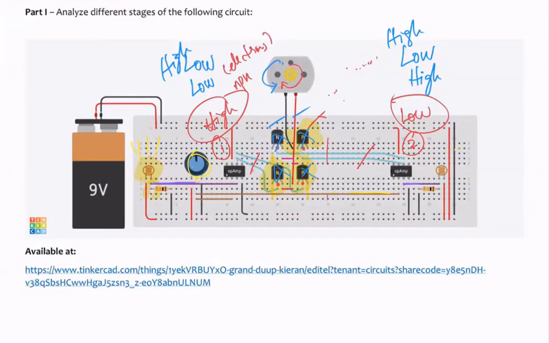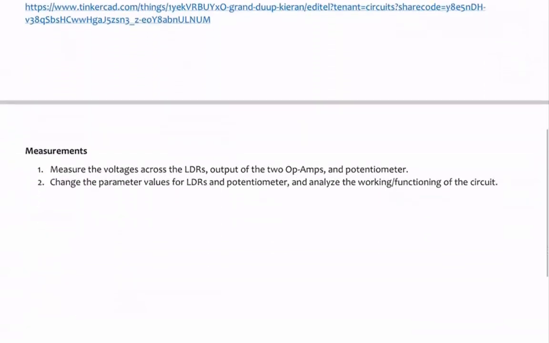Change the intensity, see what happens, hook your multimeters over here, see when you change the resistance what happens to the voltage. Similarly, when you change the light intensity here, how it affects the voltage over here, and how it affects the voltage at the output. When you change the value of the potentiometer, how it affects the output. So just observe, change and tweak these parameters, and answer some of these questions.